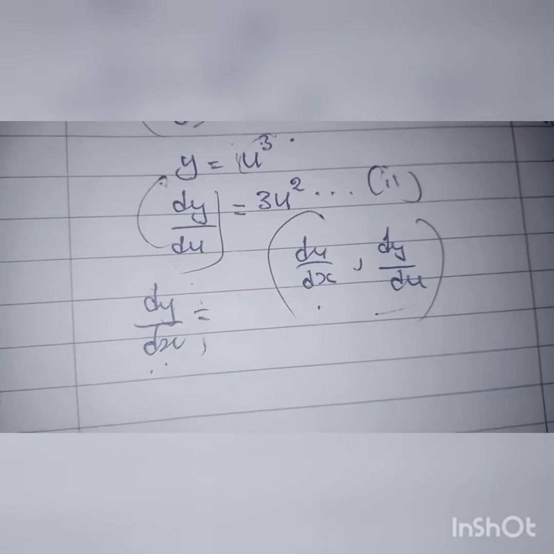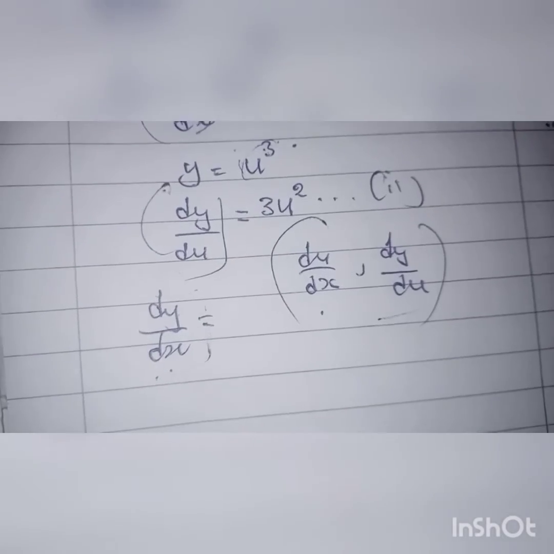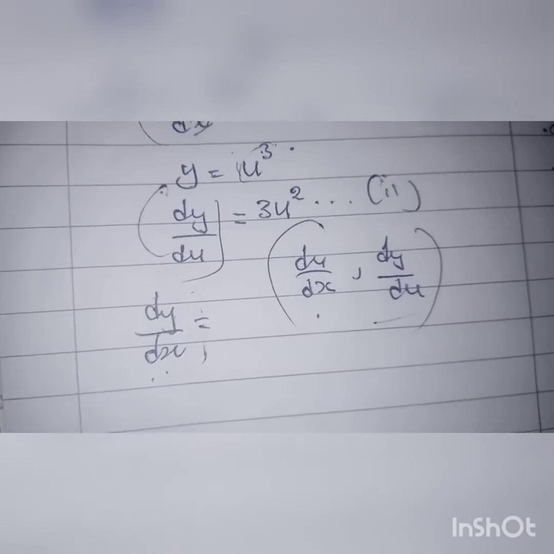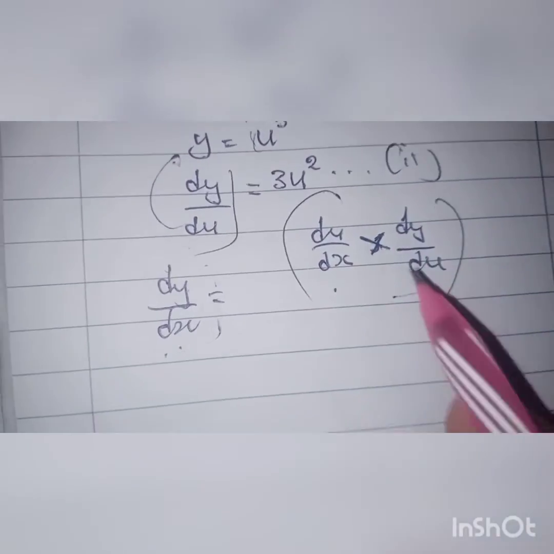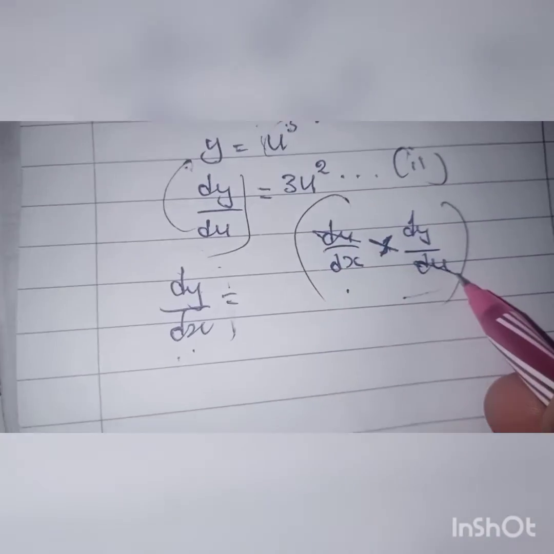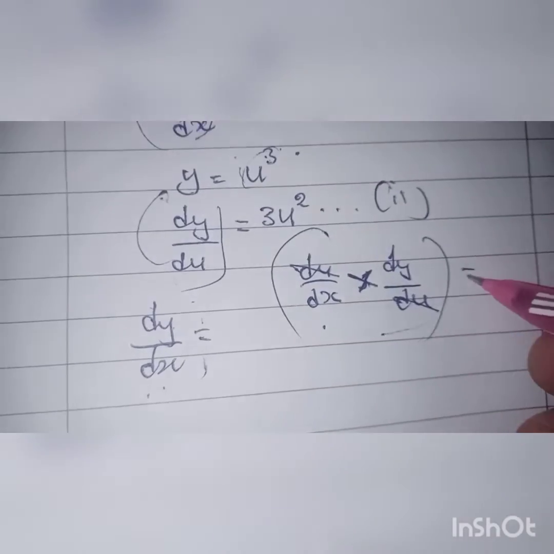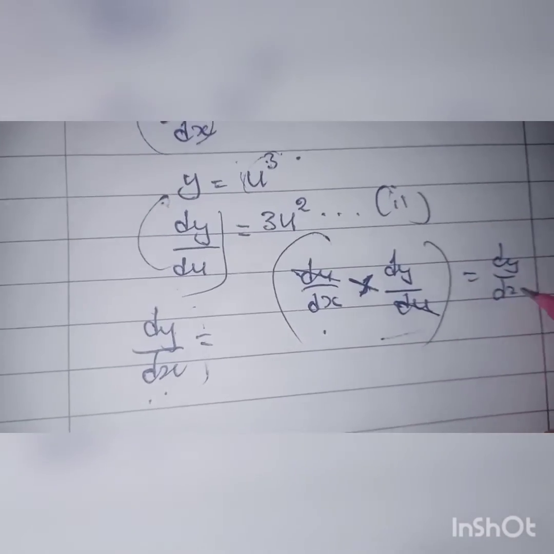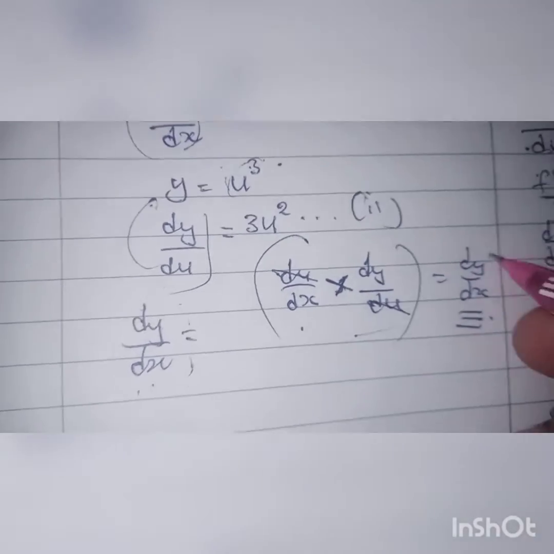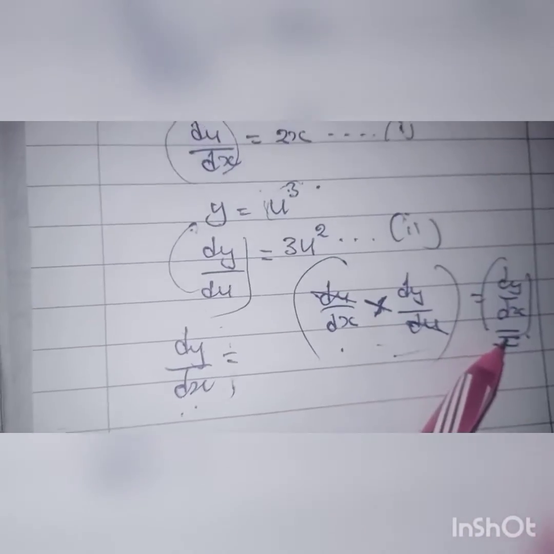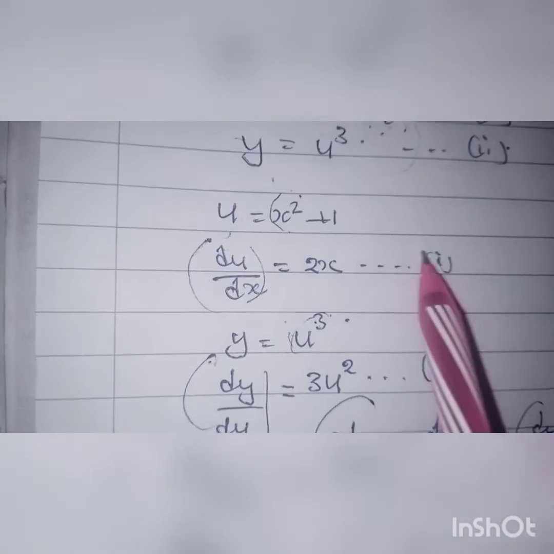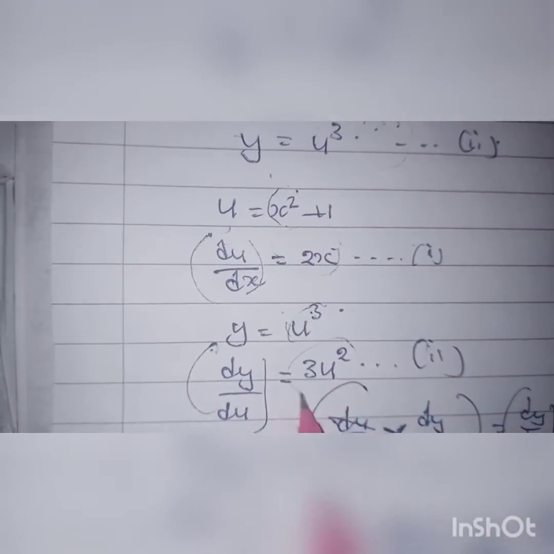I can see that when we multiply the two functions, du and du cancel out and we remain with dy dx. So getting dy dx is just multiplying the results of the two functions.